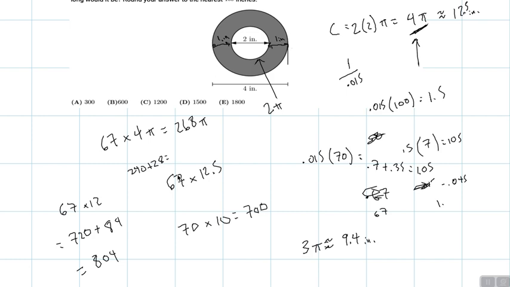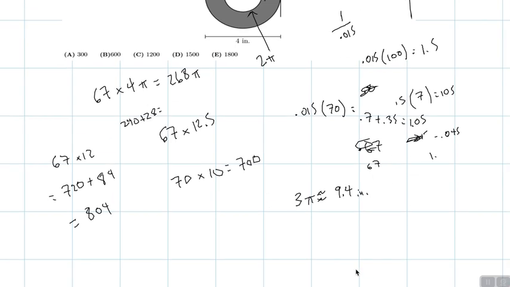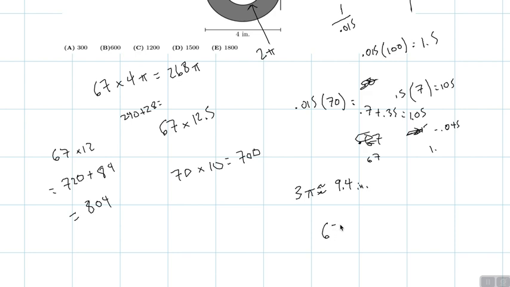And always this 0.015 calculation, yeah, that'll always be. So this 67, that we'll count that. So it's 67 times 9.4, or rather 67 times 3 pi.